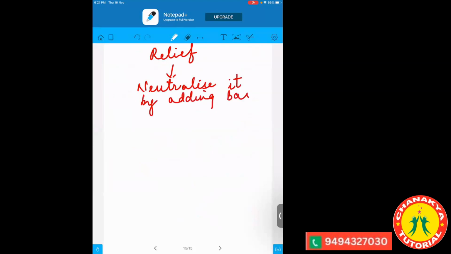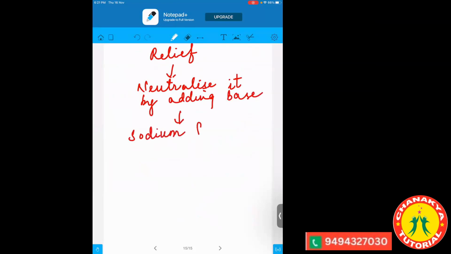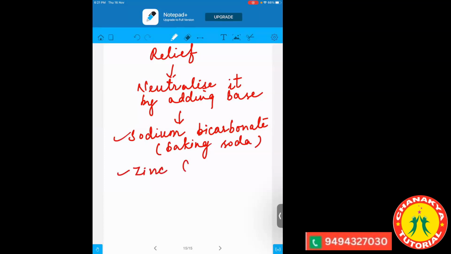Now what kind of base can we add here? Yes, baking soda, or we call it sodium bicarbonate. So sodium bicarbonate is also called baking soda. So either we can go for the sodium bicarbonate, which is baking soda, or we can also go for the next one, which is zinc carbonate.